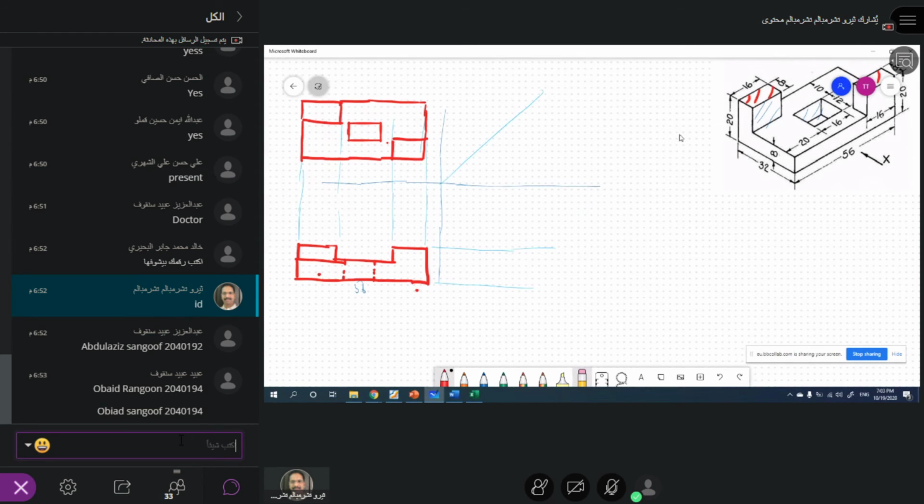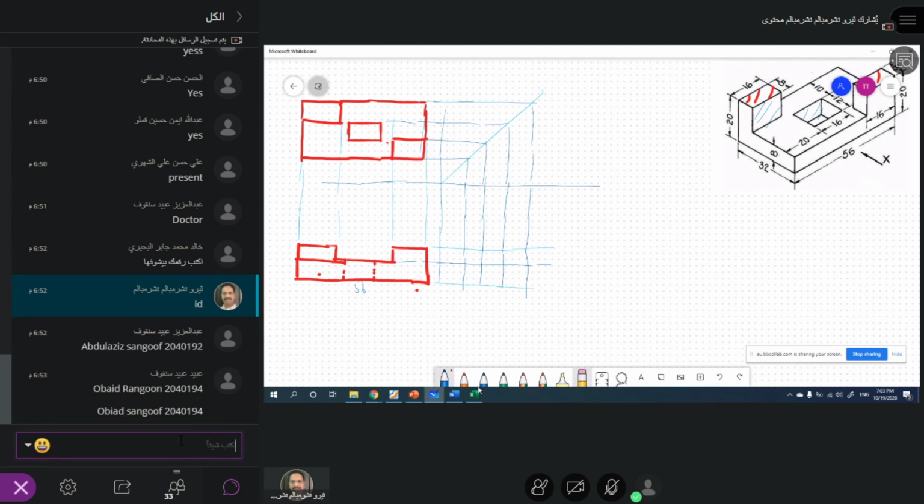Then what I do, I will use this again here, extend this all the way, then these construction lines will go here. So now I have made these lines, and also these lines. This line I extend here. This also I extend.